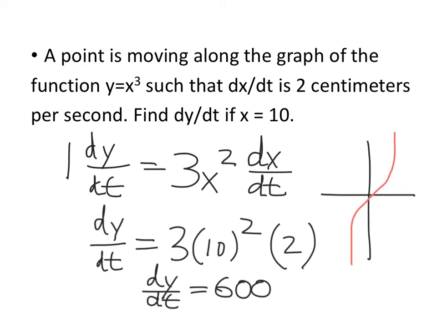Again, if we take a quick look at the graph of y equals x cubed, we can see as we go out to x equals 10, the curve is getting very, very steep.